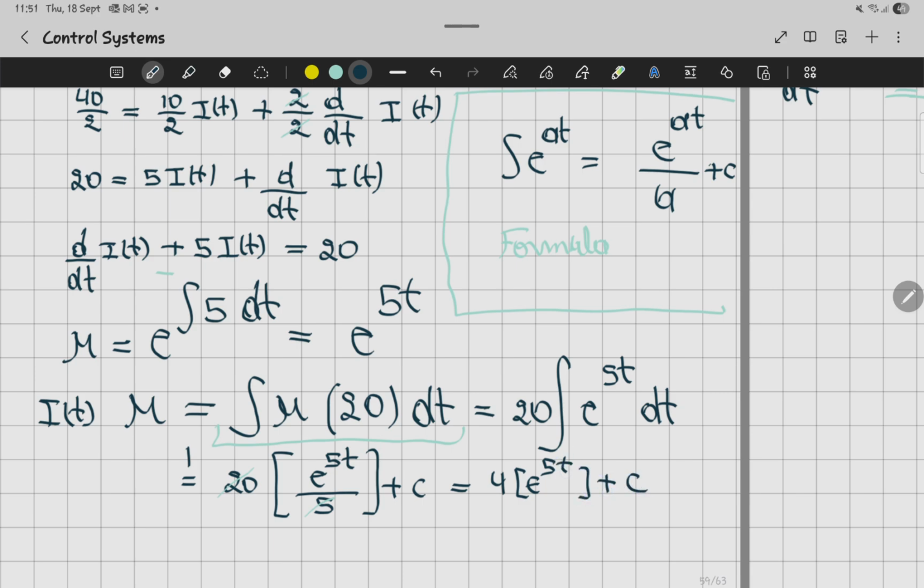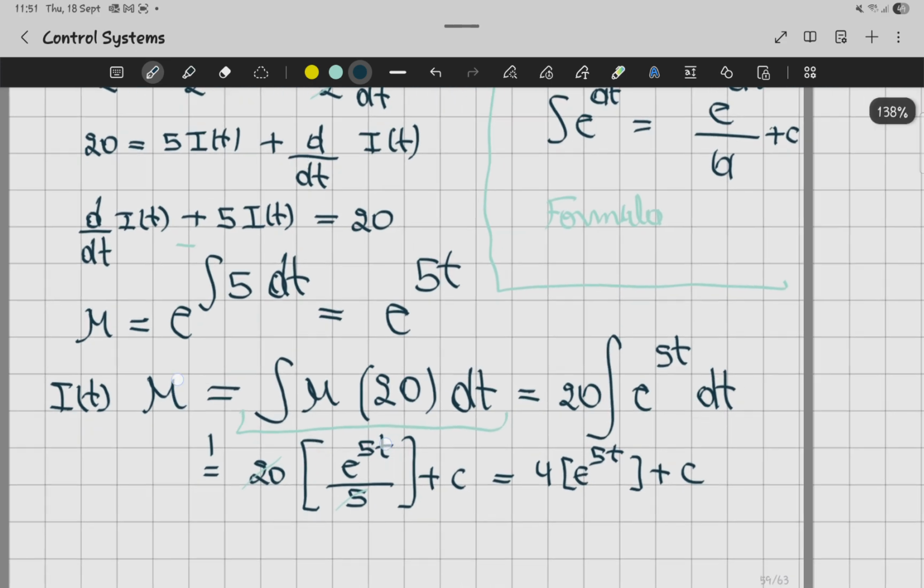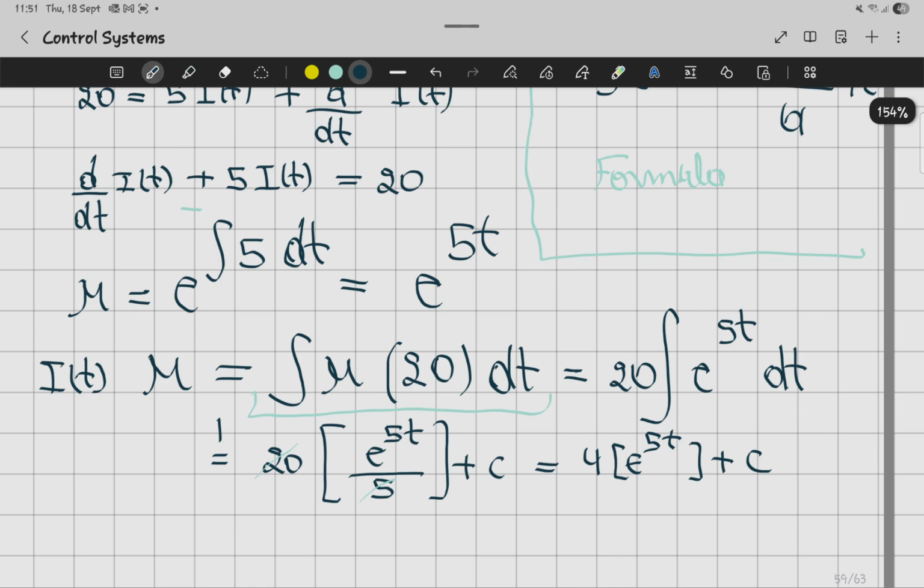Once you get this equation, we can now solve for our initial equation. We just got this form here, equal to 4 e to the 5t plus c, and then we also need to replace the value here.